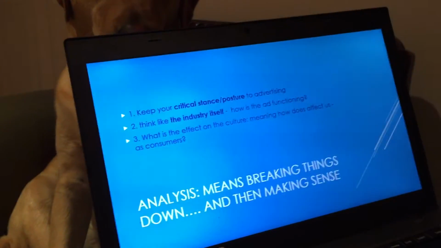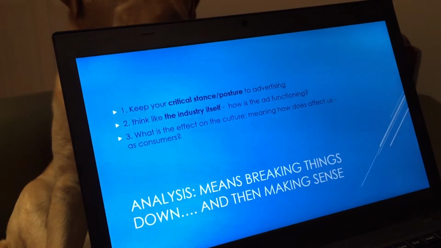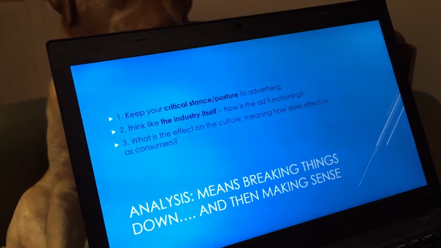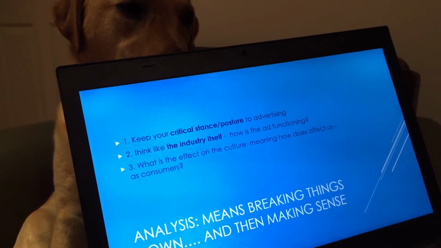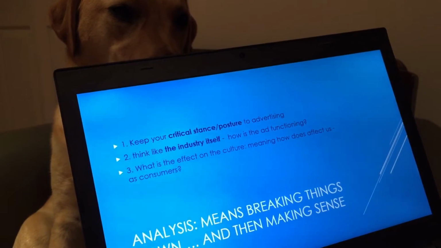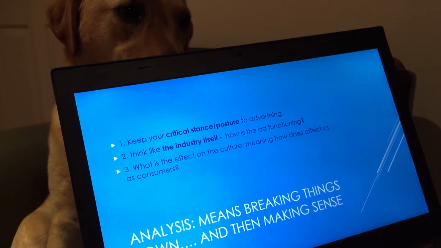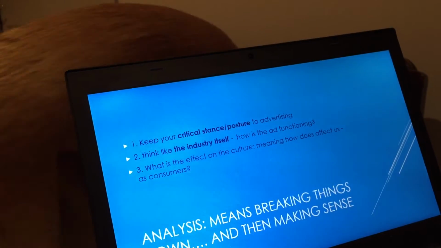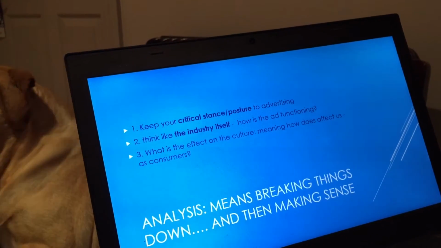I'm just going to go to the second slide now for today. What I want you to do is understand that analysis is breaking things down. That's what it means. That's the Greek roots of the word. And then it means putting it together to make sense of a current condition, a current object, a current practice.